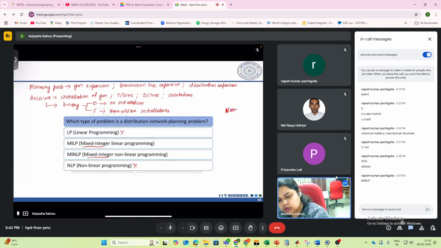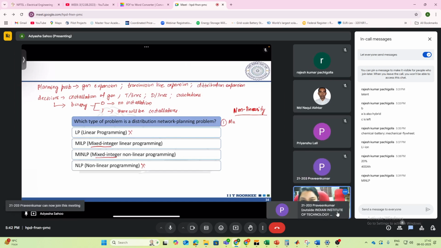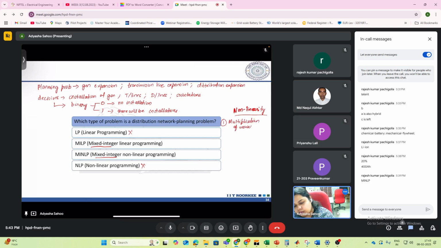So various sources of nonlinearity are basically like your multiplication of variables, or there may be involvement of sine, cosine, that is trigonometric terms, or exponential terms. So those all again introduce nonlinearity. So these are some sources of nonlinearity in the system.